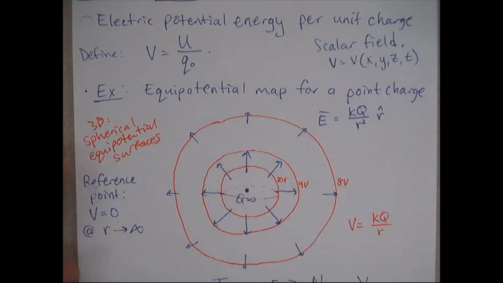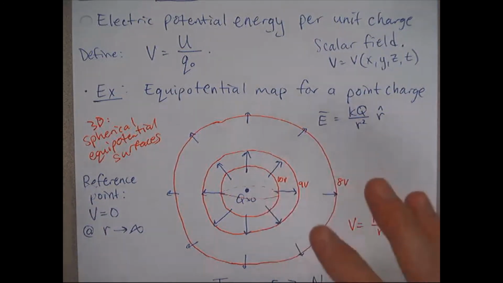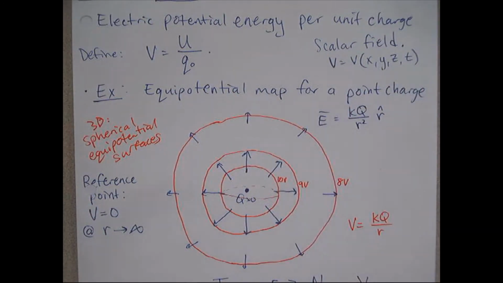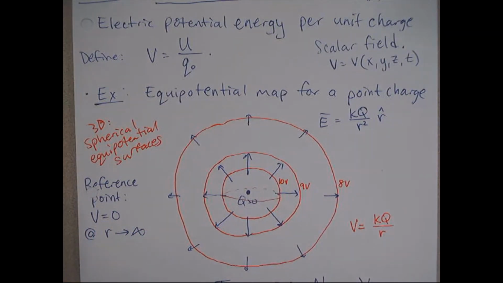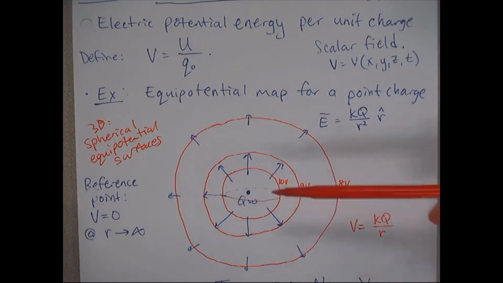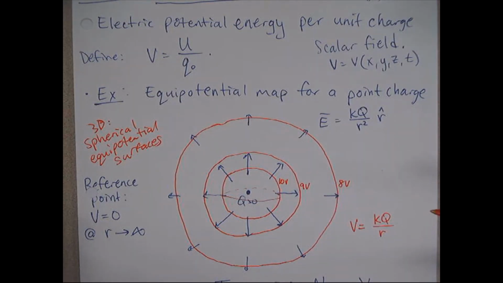These are exactly like surfaces of gravitational potential that you could draw around the surface of the Earth as you go out into space. Now, the reference point, which is most convenient for voltage, will be to set the voltage 0 infinitely far away from your point charge, or from the region that you are interested in your problem.